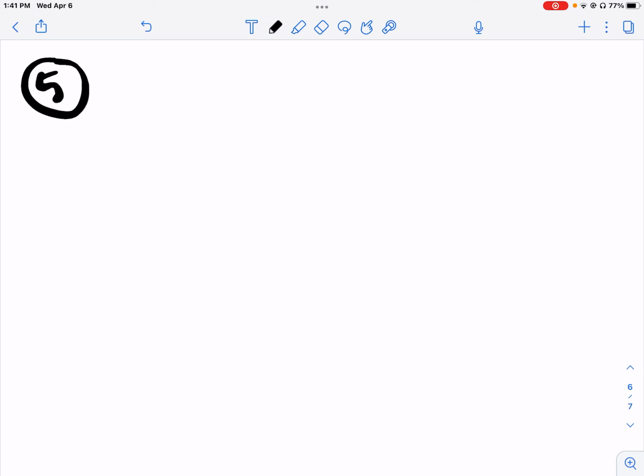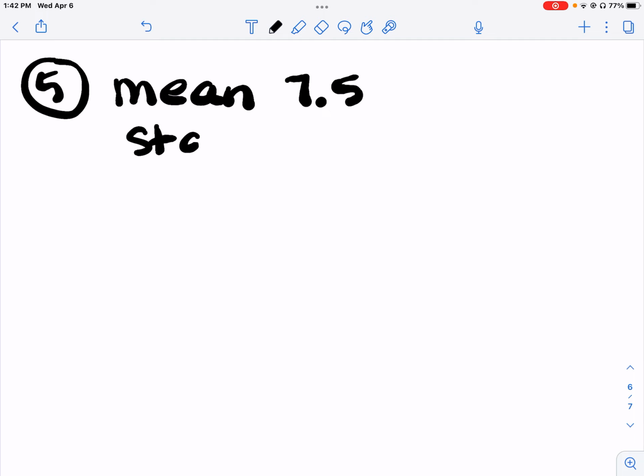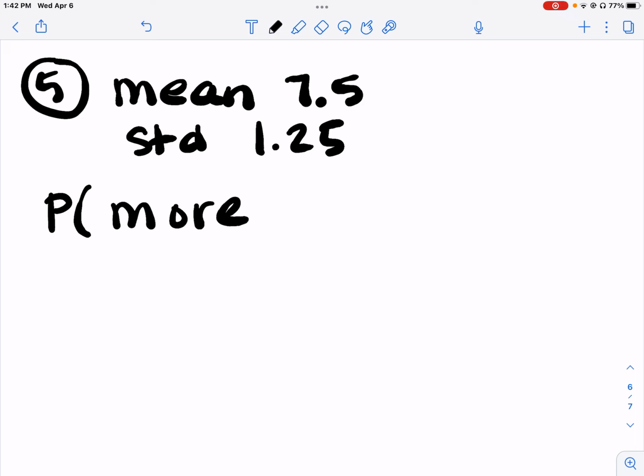Number 5. Okay, again, we're using weight, mean 7.5, standard deviation 1.25, and it says find the probability more than 5.72, more than 5.72 pounds.